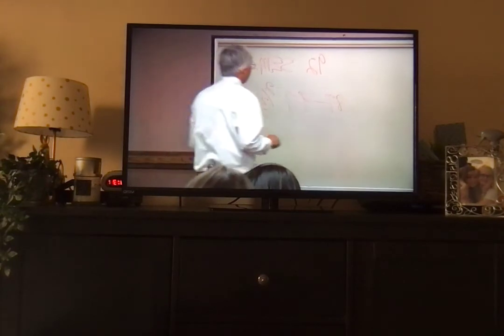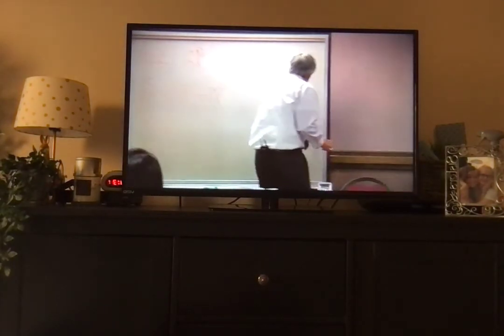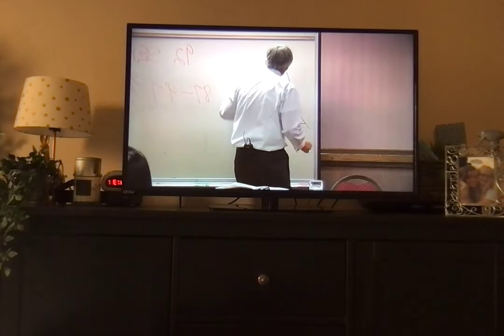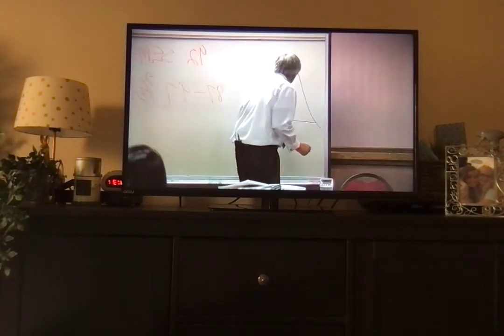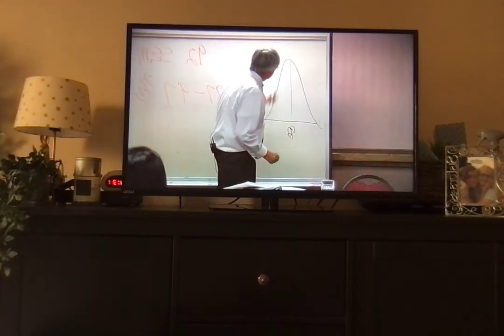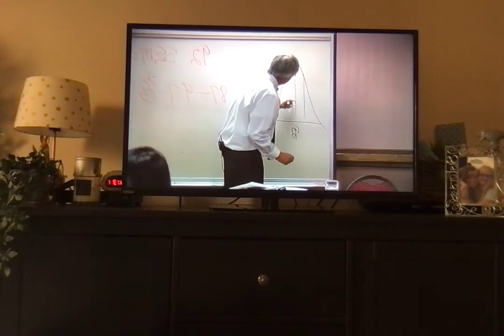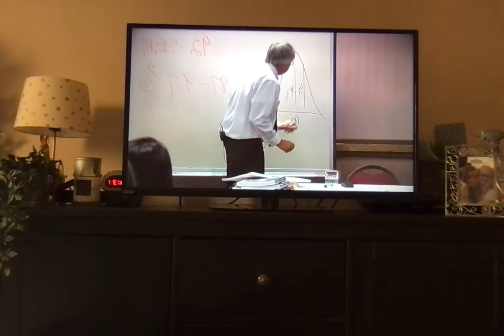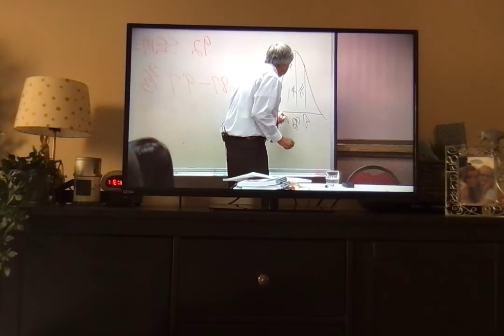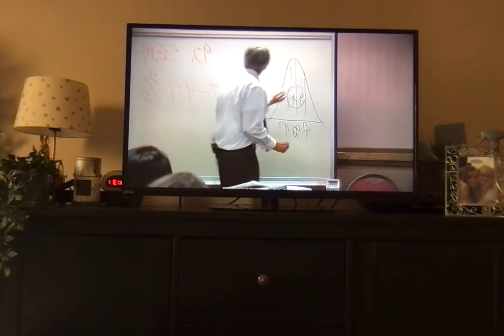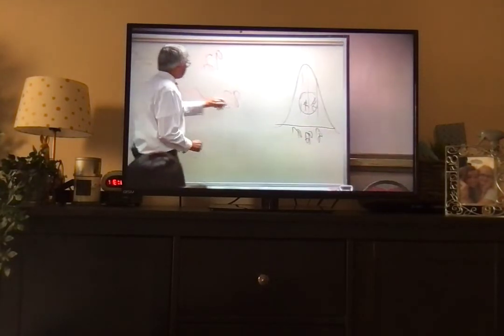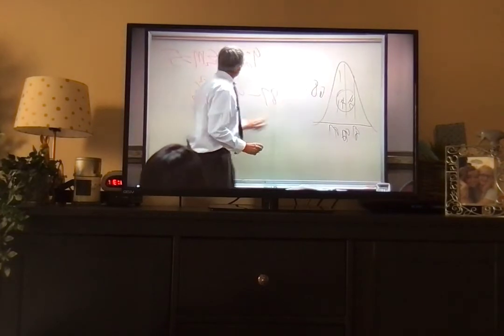Okay, it goes back to the normal curve, folks. Remember, the mean is 92. That's your first administration. The next one is 34%, 34%. So I go 87 to 97. 34 and 34% is approximately 68. That's my 2/3.